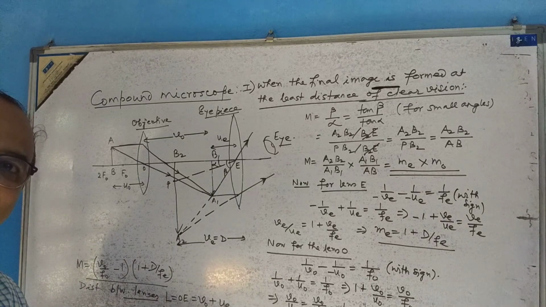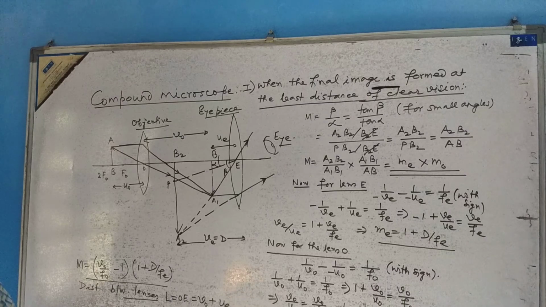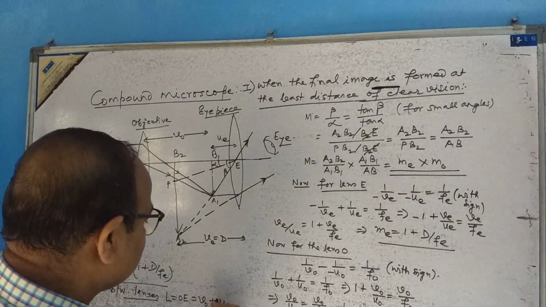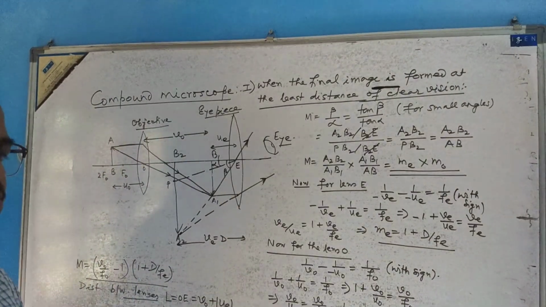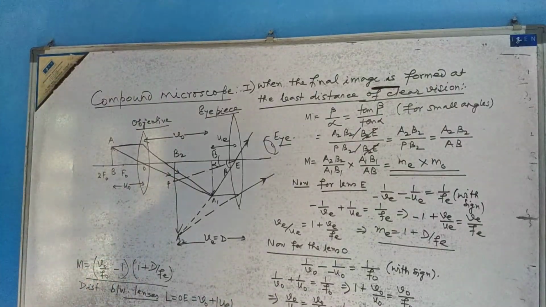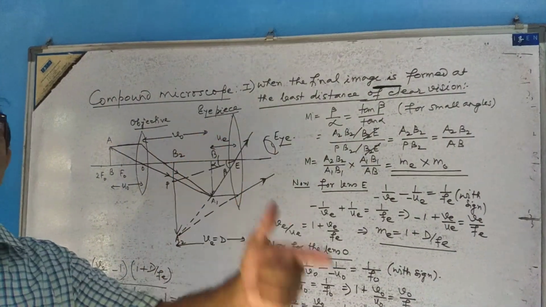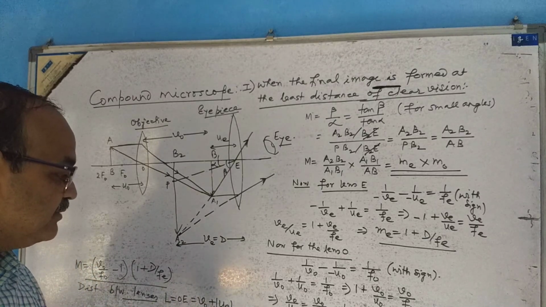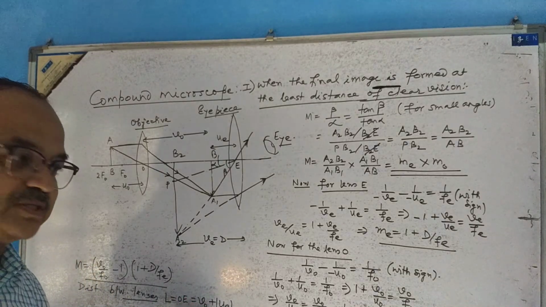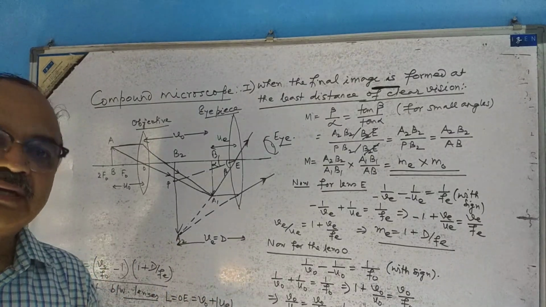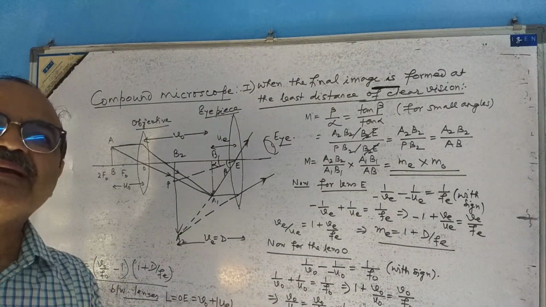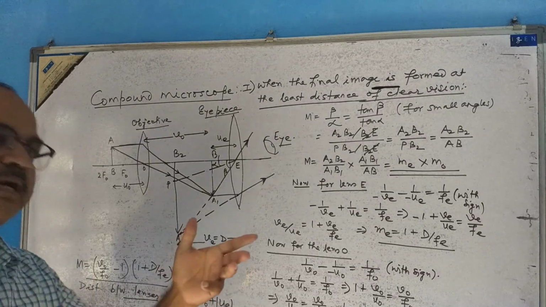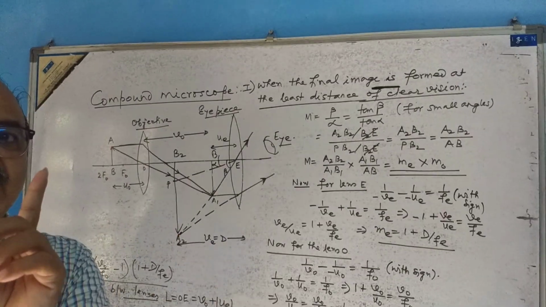magnitude. That's why when I teach, I normally put it within bars, because sometimes students may put the sign convention here by mistake. If you put the sign convention, VO will be positive but UE will be negative. Then you cannot get the distance, it will be subtracted. You understand what I am saying?